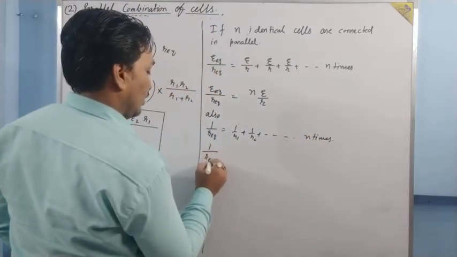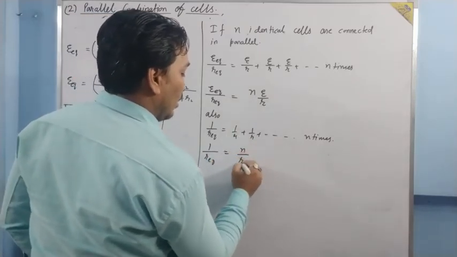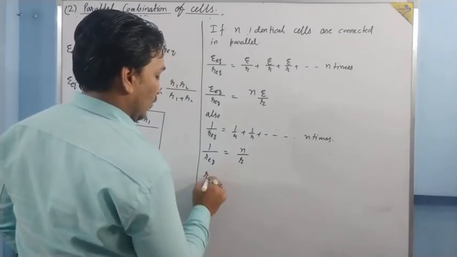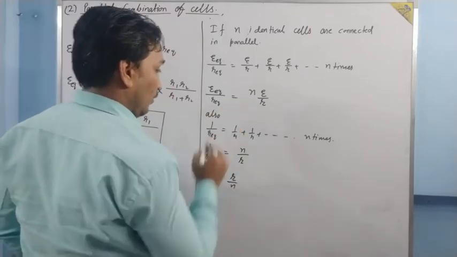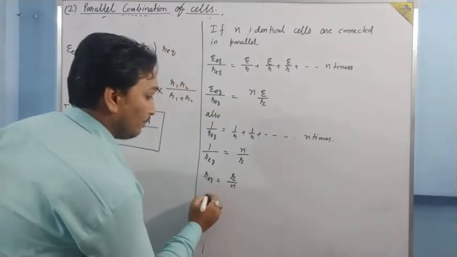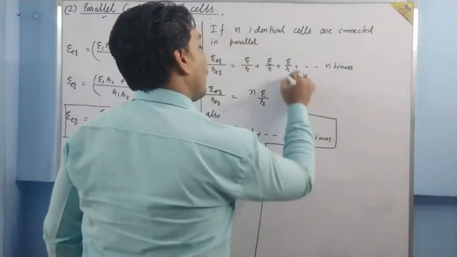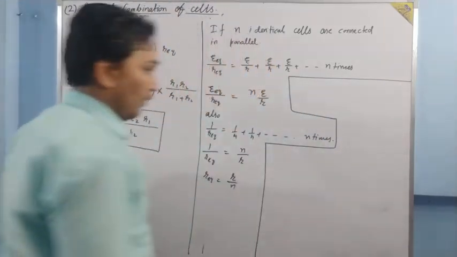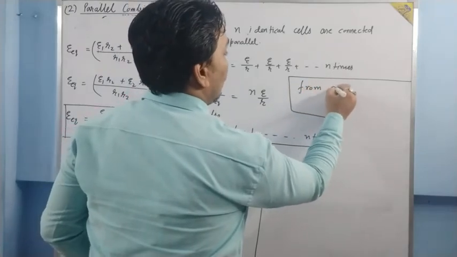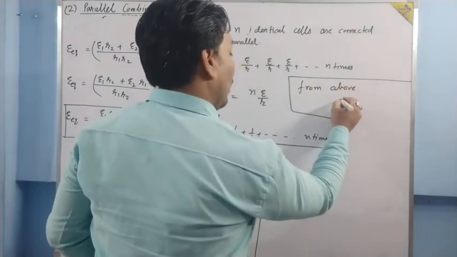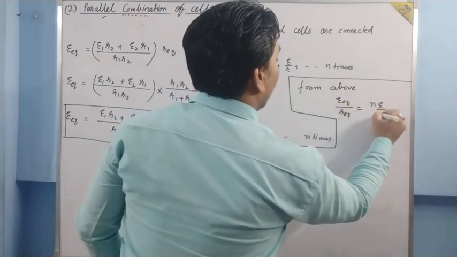So it will become, R equivalent, sorry, it should be R only now because they are identical, N upon R. Or R equivalent is equal to R upon N. If we put this value over here from above, we get E equivalent upon R equivalent is equal to NE upon R.